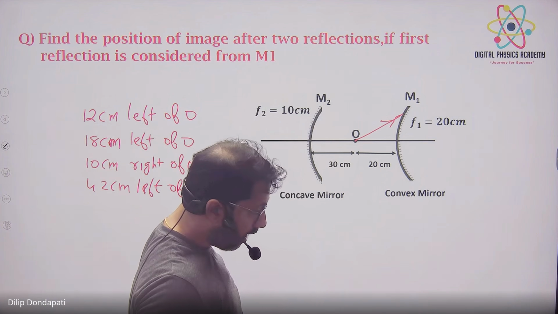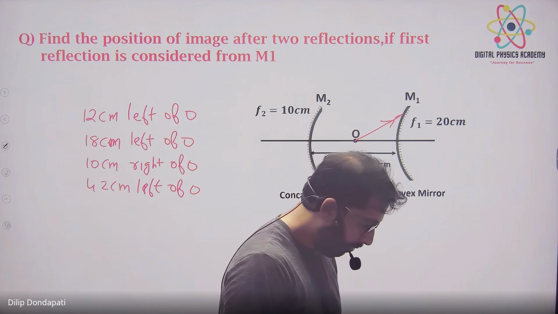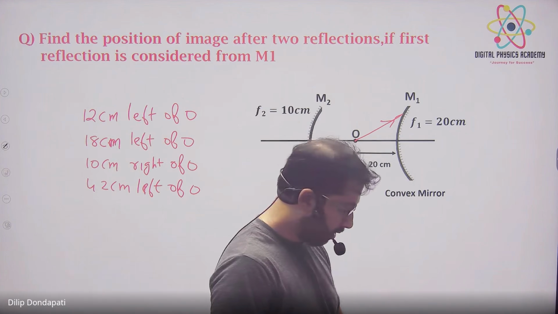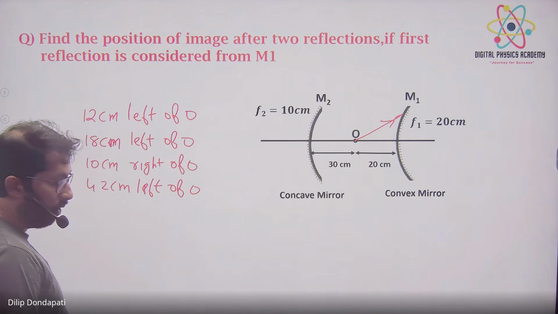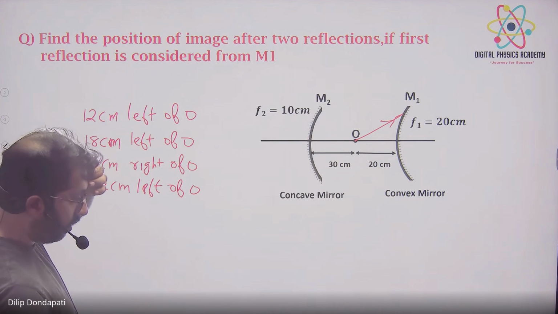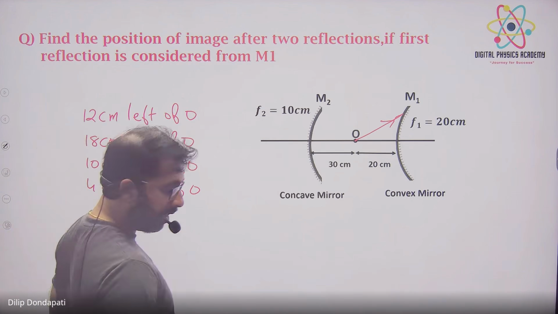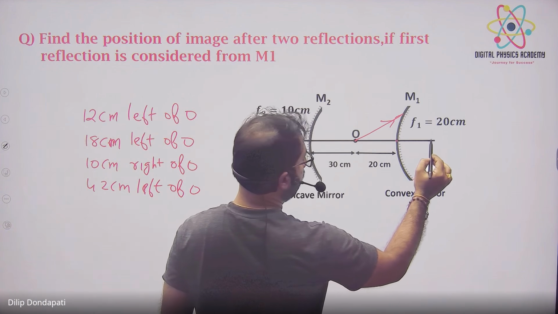So V came, first one, how much is V? Is the answer 18 centimeters left of O? Yes, correct. Hey, first one, how much is V? So first one I got 10 centimeters. 10 centimeters plus 10, right? So from this mirror, plus 10 here.